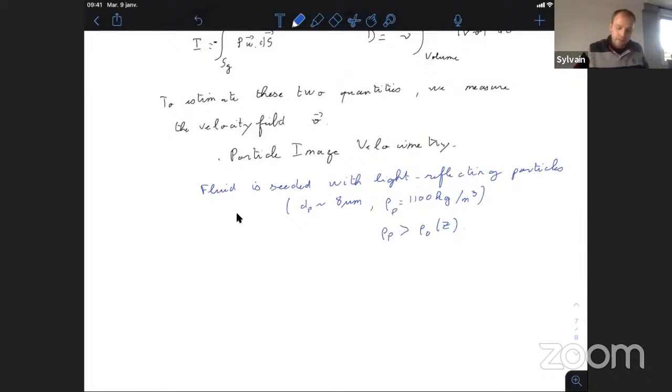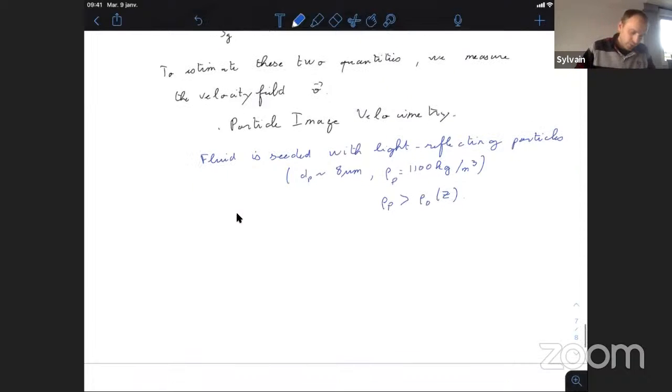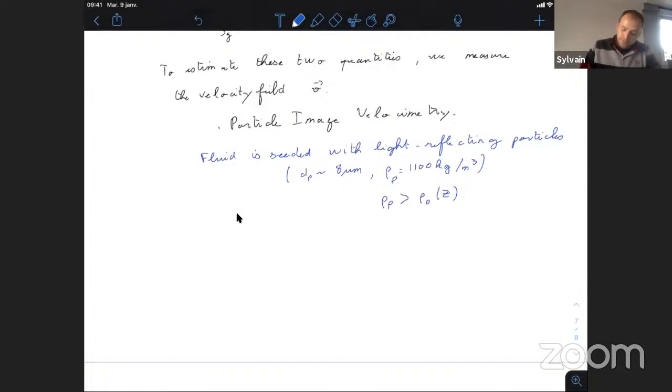If you do that, of course, the particle will settle. So if you put the particles and you wait many days, all the particles are at the bottom. So when you put the particles, you need to do experiments just after.